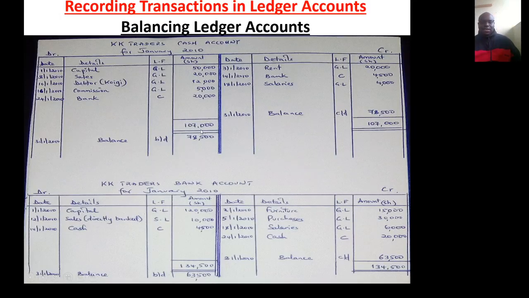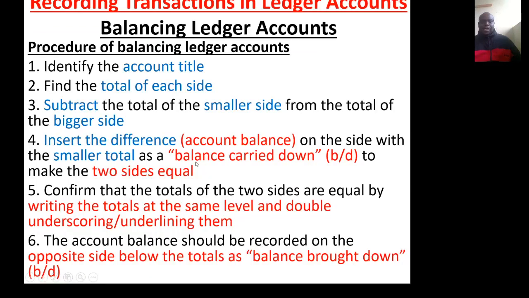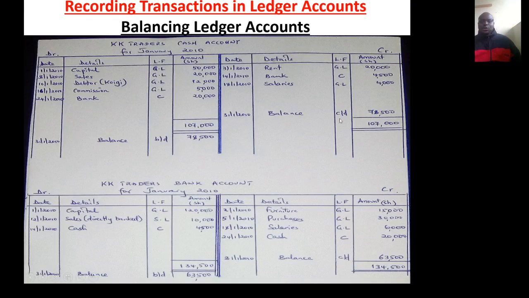This is 107,000 and this side has 28,500. After that, subtract the total of the smaller side from the total of the bigger side. You subtract 28,500 from 107,000.